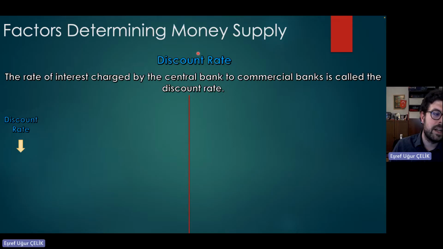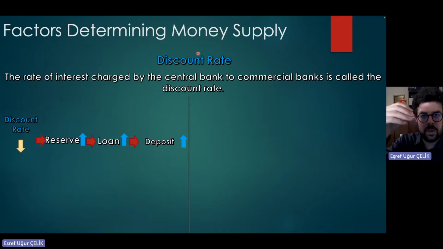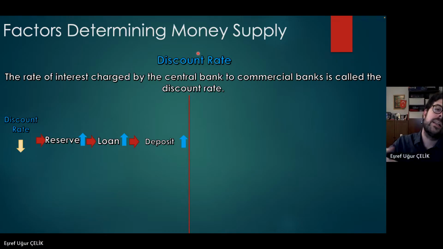If the discount rate becomes lower, the banks can easily get money from the central bank. So in that condition, the reserves, the loans, and the deposits become higher. When the discount rate becomes low, the cost of borrowing for the banks becomes low. For that reason, the money supply in the market becomes higher.